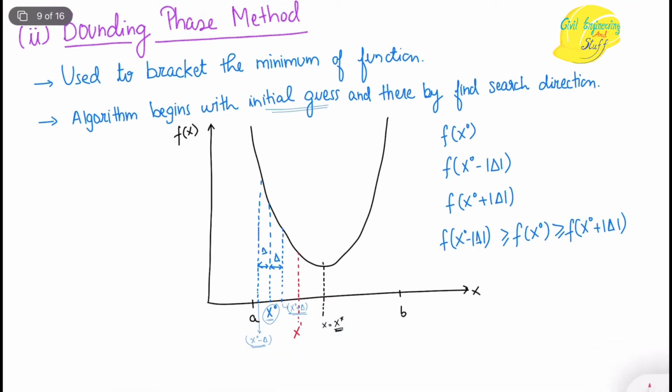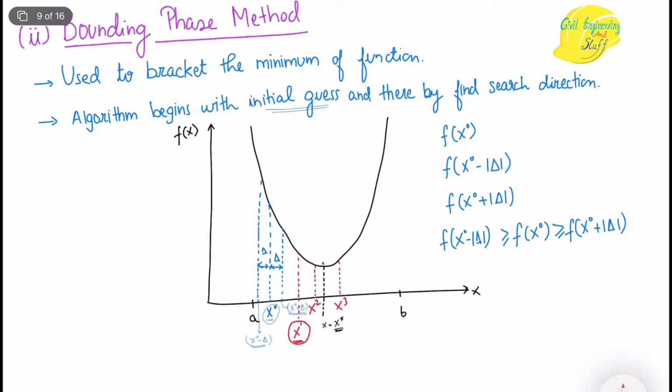The value of x1 is again found using a specific relation, which we will discuss. Then we will find another point x2, and after this we will find another point x3.